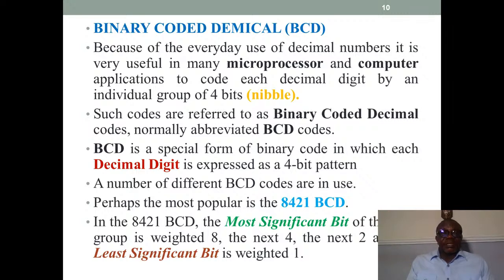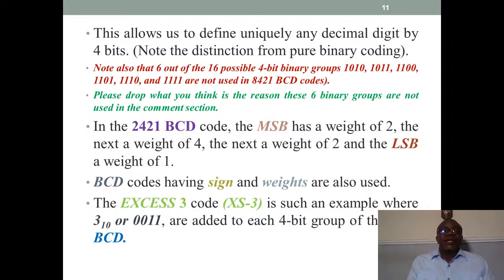In this 8421 BCD, the most significant bit of the 4-bit group is weighted 8. The next is 4. The next is 2. And the least significant bit is 1.